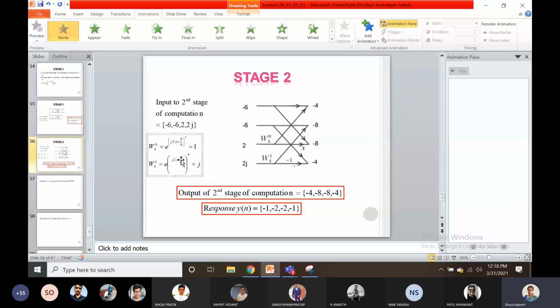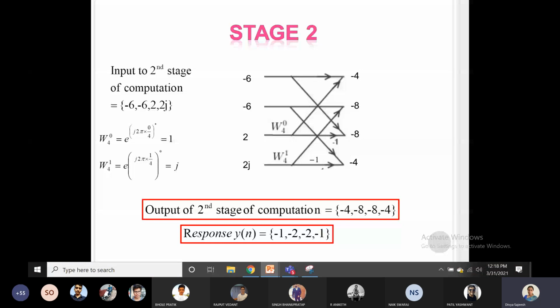So in the second stage, your output will now be minus 4, minus 8, and minus 4. So this is the sequence you obtain in the second stage.